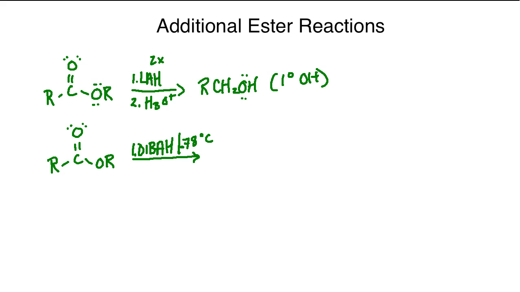So -78, okay? And then you can follow it up with your acid like you would in most cases. If you do that, what you end up with is an aldehyde instead of an alcohol because of the limited reactivity of DIBAL. And just another side note, some people see this as DIBAL-H with an H instead of an L. You're discussing the same reagent there.